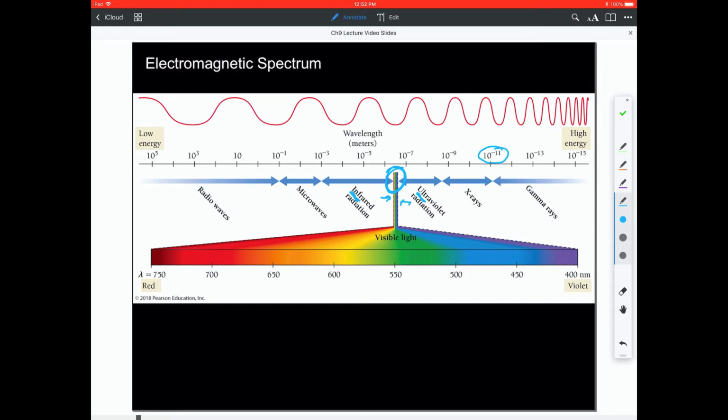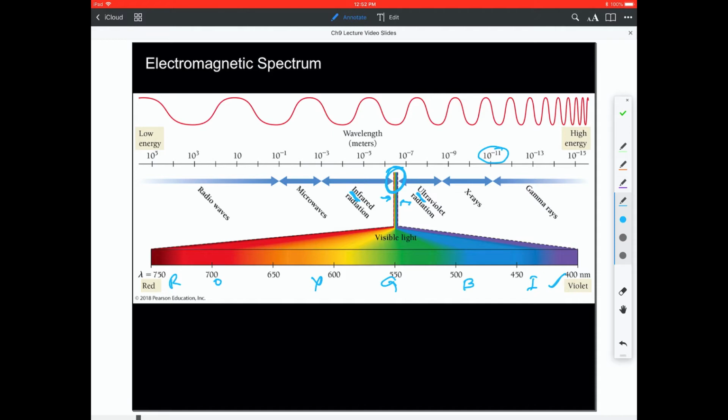Which then goes back to that mnemonic you all learned back in grade school, Roy G Biv, as in your color scheme there. So that's how the visible spectrum fits in there. Note that the number of wavelengths represented by the visible spectrum is really small, as in our eyeballs can only perceive a tiny, tiny, tiny portion of the electromagnetic spectrum compared to what's out there.